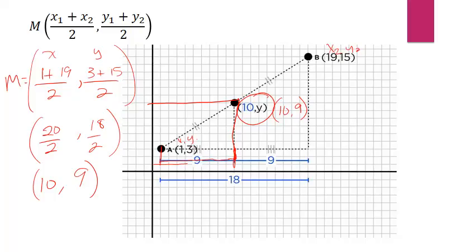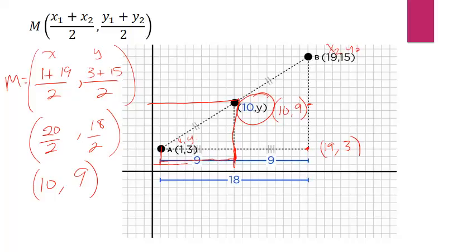Now, if we find the midpoint between these two, this point right here is 19. And we have 19, 15 up here.